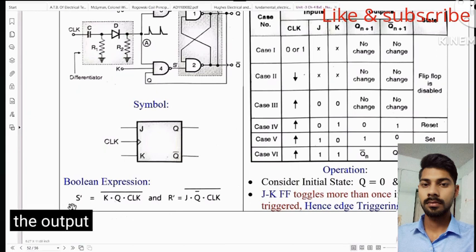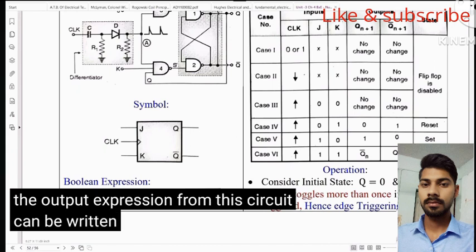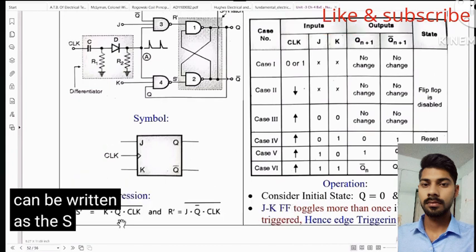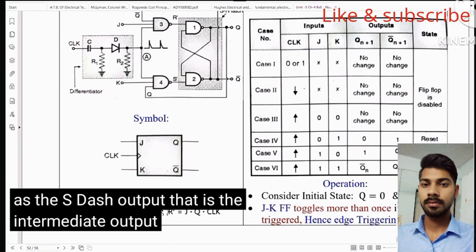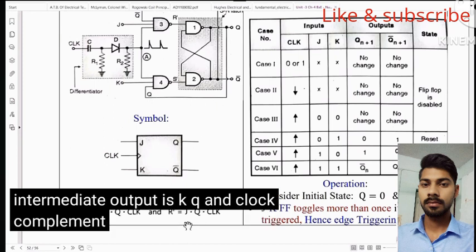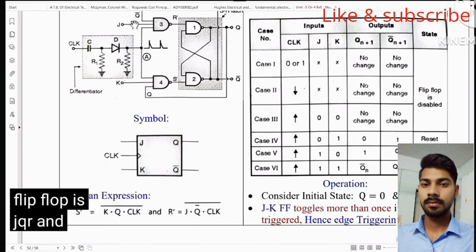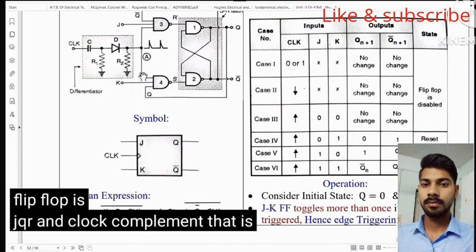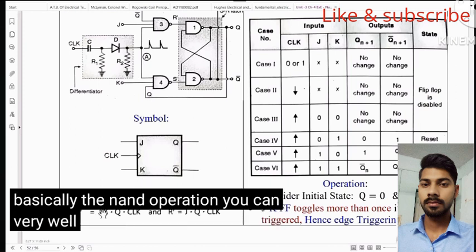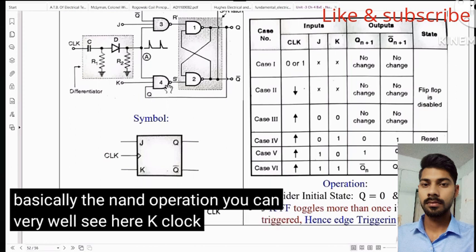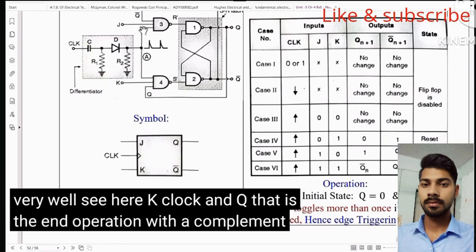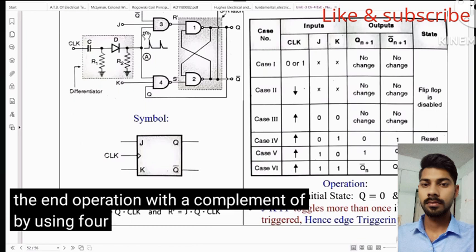The output expression from this circuit can be written as follows. The S dash output, that is the intermediate output, is K, Q and clock complement, and the R dash input to the basic SR flip-flop is J, Q bar and clock complement. That is basically the NAND operation. You can very well see here: K, clock and Q, that is the AND operation with complement by using gate number 4.